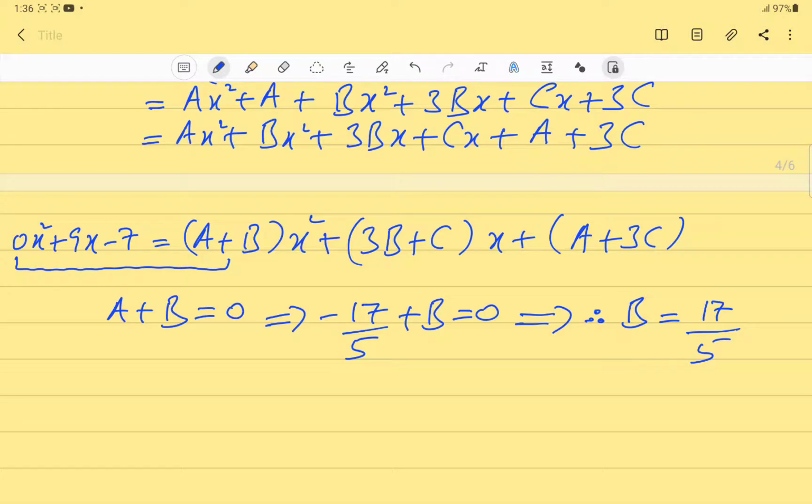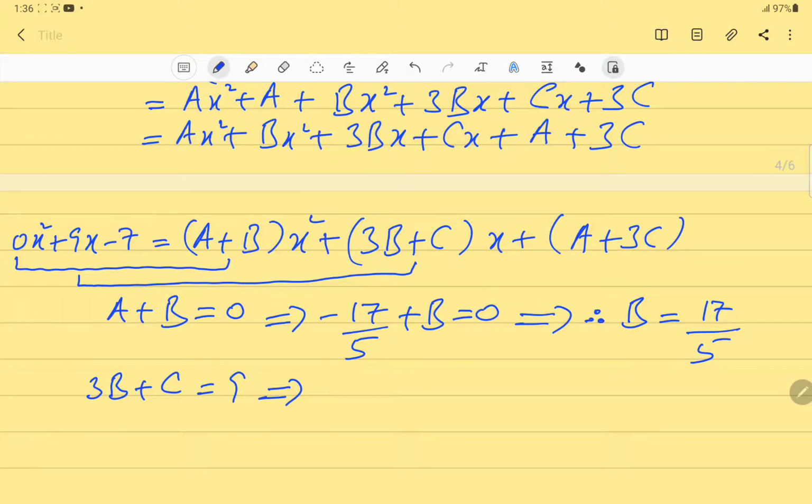To find the value of c, we will compare the coefficients of x. Here the coefficient of x is 9 and here it is 3b + c. So it will give us an equation which is 3b + c = 9.